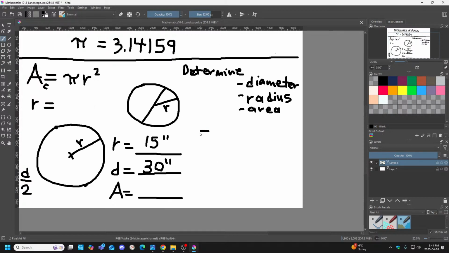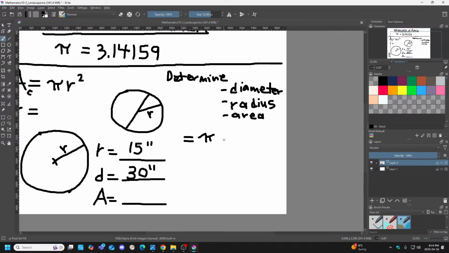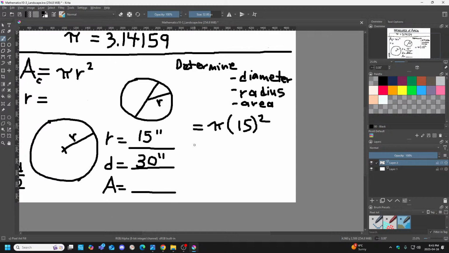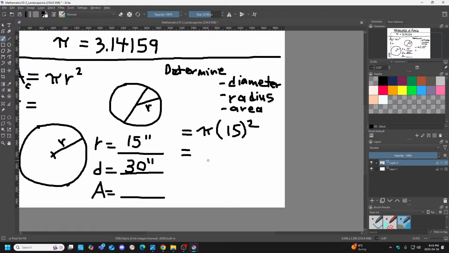So let's continue. Area of a circle, and then we go 15 squared. I'll do my best to catch my little silly mistakes that I may say once in a while. I try to think about what I'm saying.